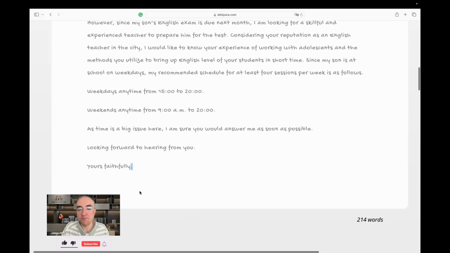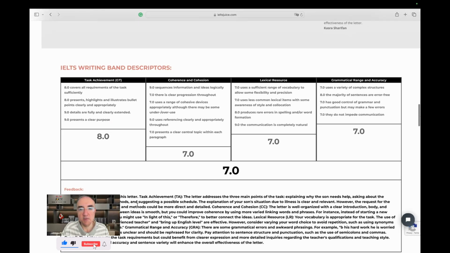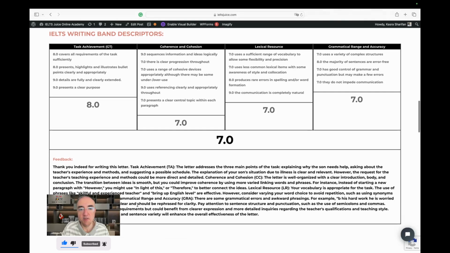214 words. Let's look at the band descriptors. Okay. Yes, as I told you, this is 8. Maybe just a little more skillful touch, because I like this. It's good.